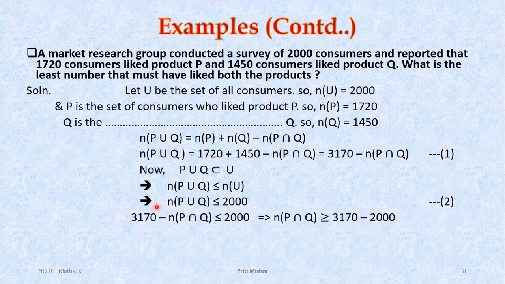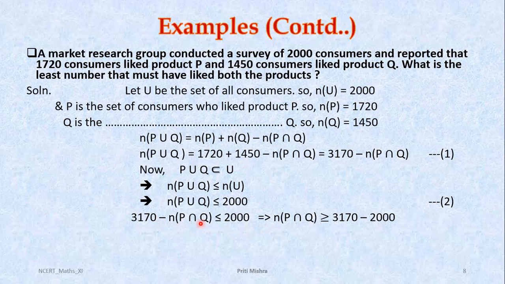Now I can replace N of P union Q with the help of equation number 1. Here 3170 minus N of P intersection Q will always be less than or equal to 2000. After shifting 3170 from the left hand side to the right hand side, the term N of P intersection Q has a negative sign.